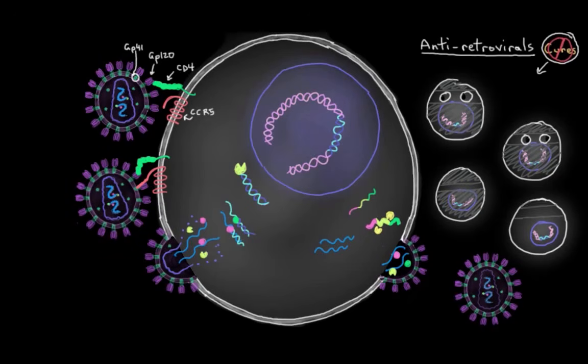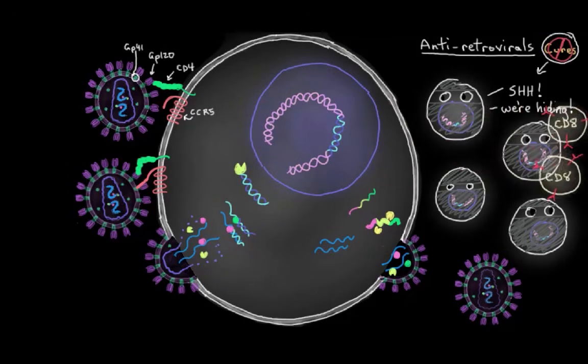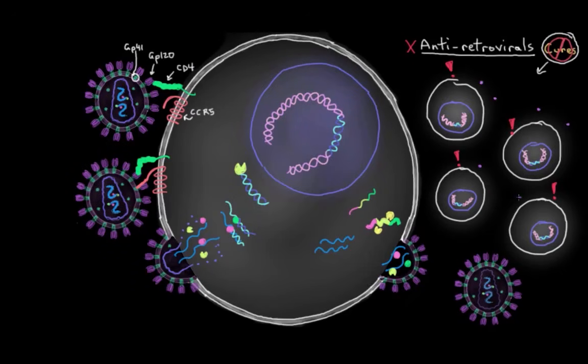This pool of low-lying infected CD4 cells avoids both detection by our immune system, so we can't pick them out and deal with them, and avoids the effects of these antiretroviral drugs. And at any given time, they might spontaneously activate and start producing new infectious HIV particles.